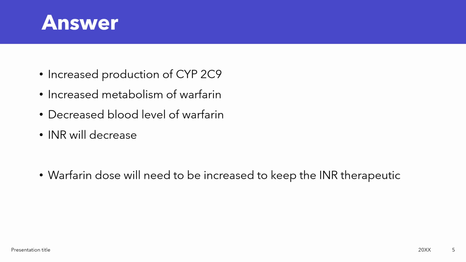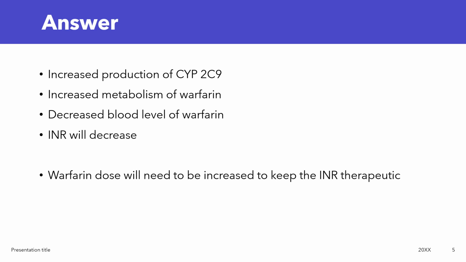If the concentration of warfarin decreases, what happens to the INR? The INR decreases. So that means you would have to increase the dose of warfarin to keep the INR therapeutic. So on a patient who's taking warfarin and you add rifampin, the dose of warfarin will need to be increased significantly.